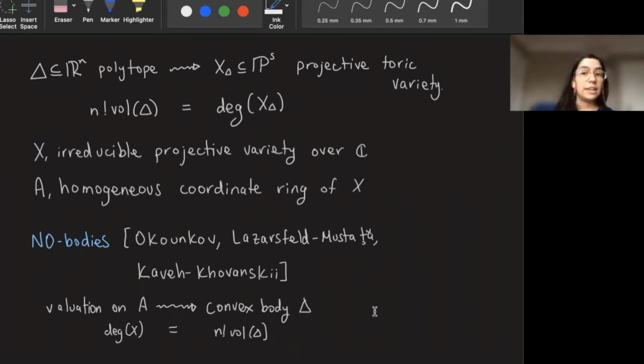And then the key thing is that the degree of your variety is going to be n factorial times the volume of your body. So we have a far-reaching extension of this relation between toric varieties and polytopes, and we extend it to more general settings.